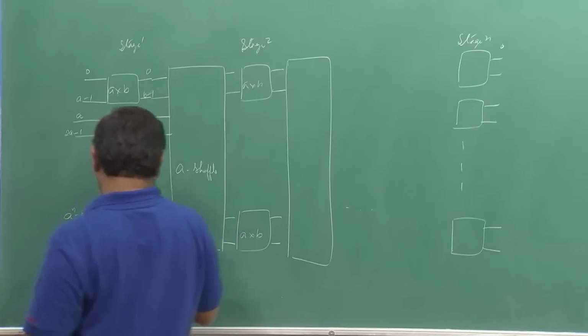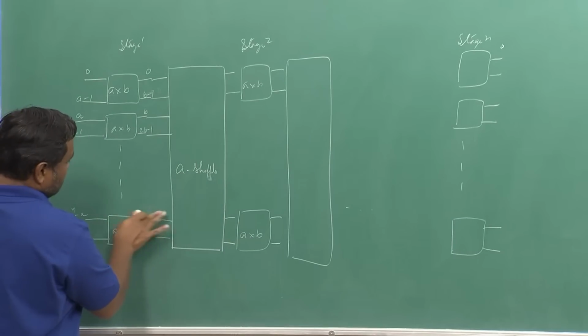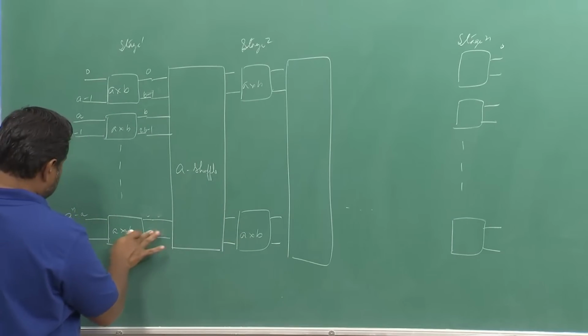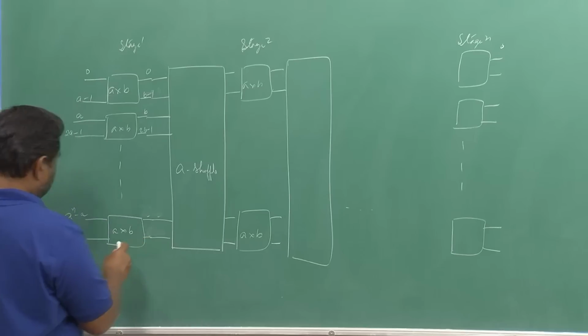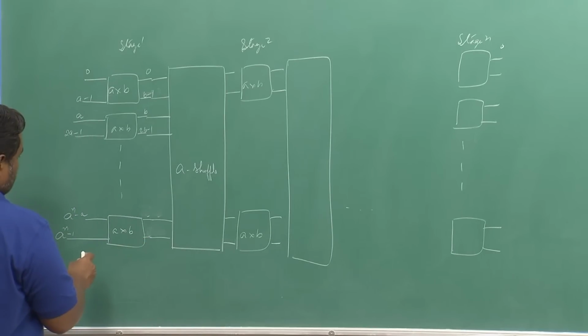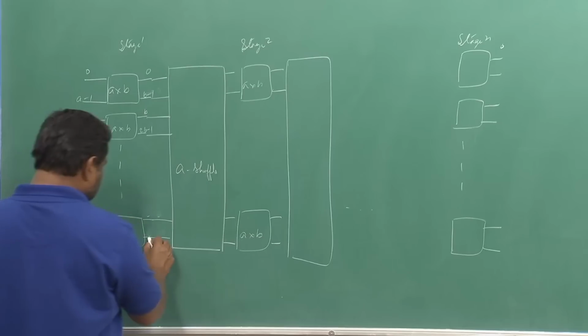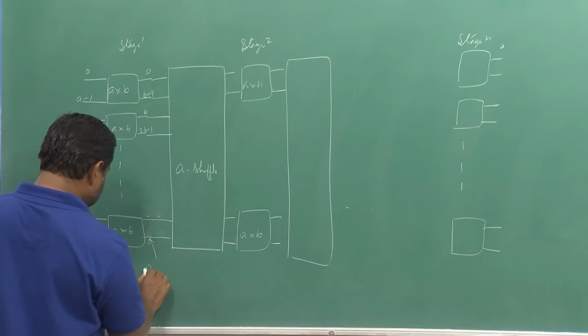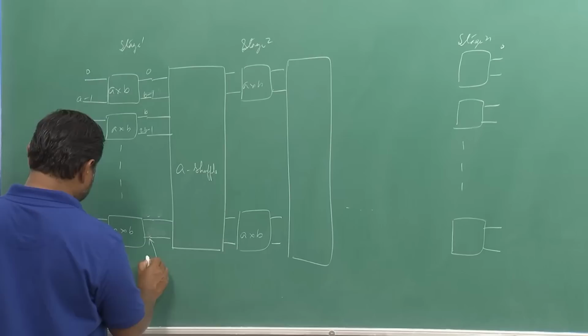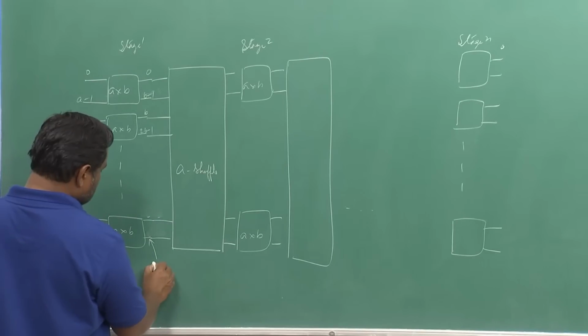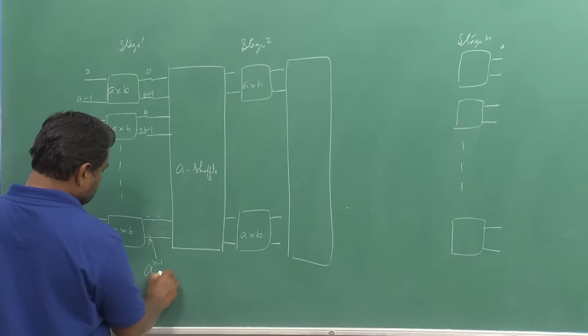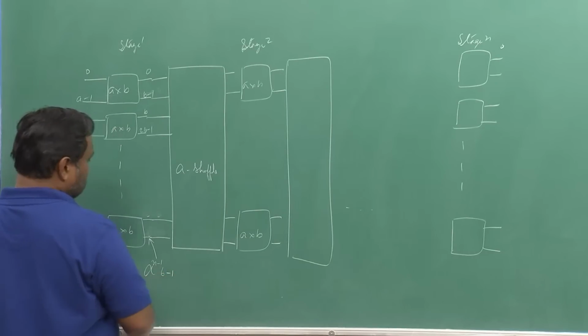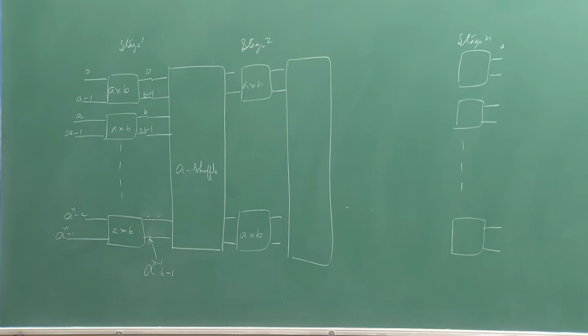Sorry, this will not be b raised power n minus 1, this will be a different number. So, that is what will be the number, okay.